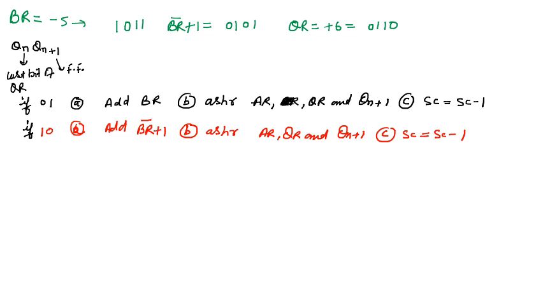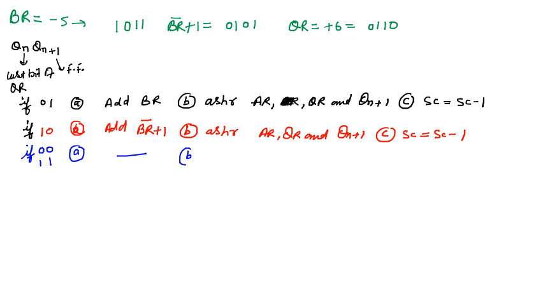And in the last case, if the value of Qn and Qn plus 1 is either 0 0 or 1 1, then we'll perform the steps. There's no need to perform any addition.